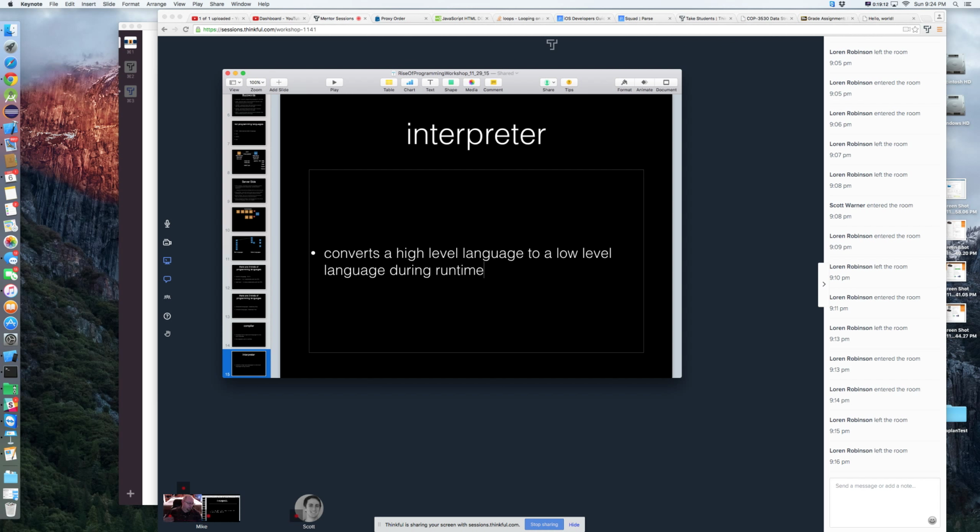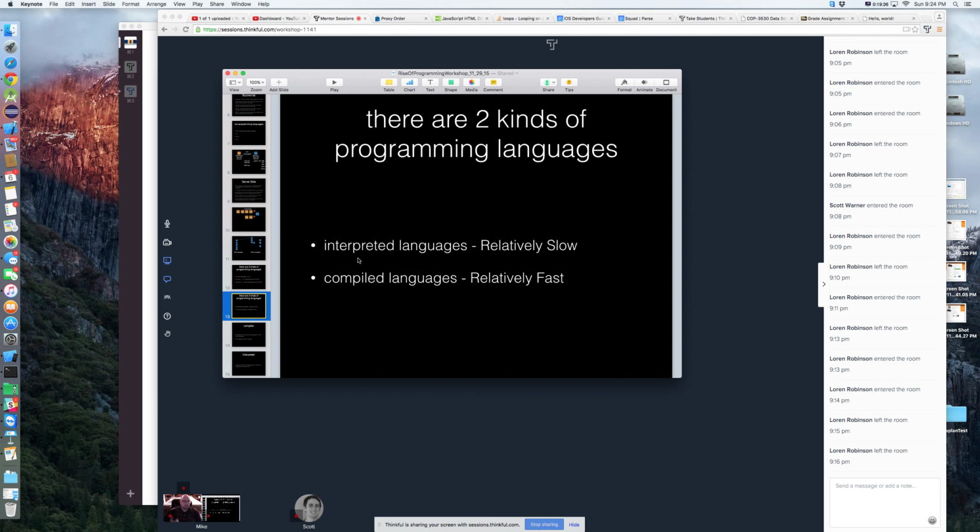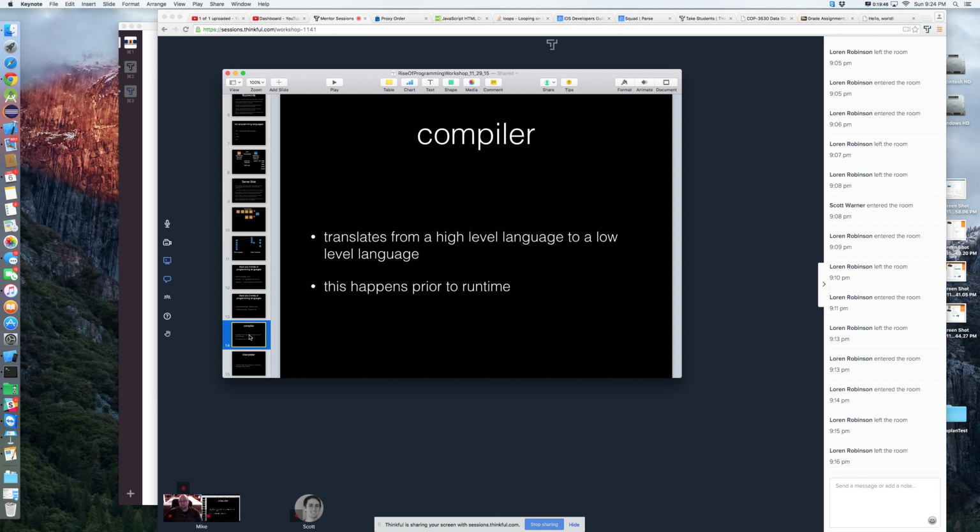All right, so this would be equivalent to that German news station having an interpreter who's going to be listening to the English speech as it's being delivered, and with a couple of second delay, translating the English words into the equivalent German words. It's going to be sufficient for most applications, but maybe not fast enough for some. So that's kind of the difference between those two languages. Interpreted languages are relatively slow, compiled languages are relatively fast. With that speed also comes some complexity. So that's a fair enough thing to say.